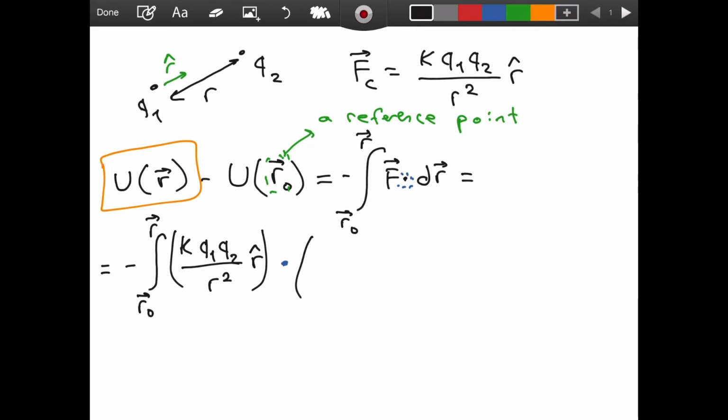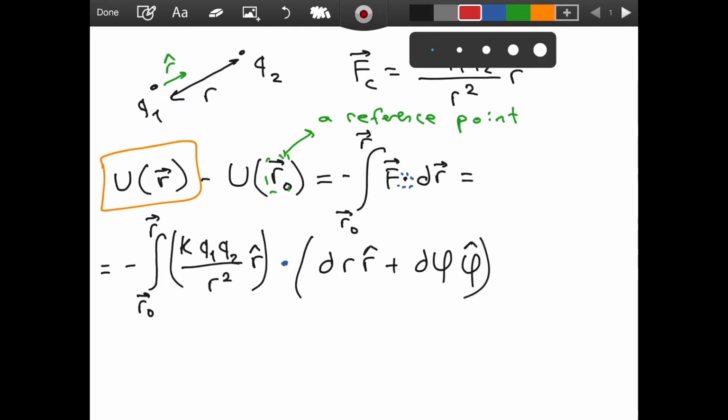Well, dr might have lots of components, but I'm just going to have two. I will have a radial component, dr r hat, plus a tangential component, d phi phi hat, okay? And notice that, even if we had other directions, like x, y, z in a Cartesian coordinate system, those directions will be perpendicular to each other.